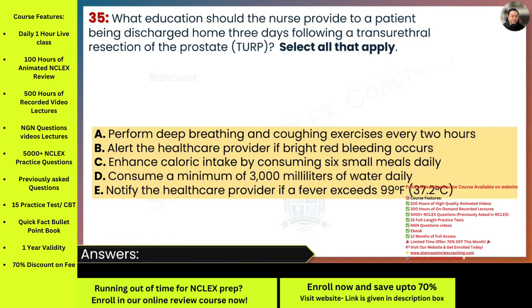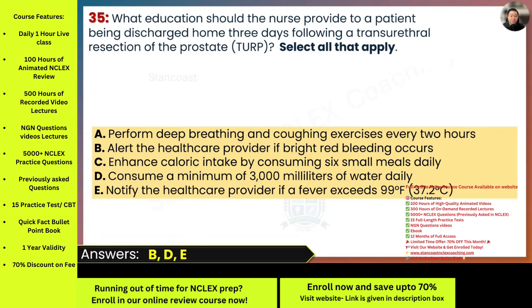The answers are letters B, D, and E. Why letter B? Well, because after a TURP, some bleeding is expected in the first few days. However, the presence of bright red bleeding could signal a secondary hemorrhage, which occurs about 2 weeks after the surgery, when any scabbed or desiccated tissue is expelled.